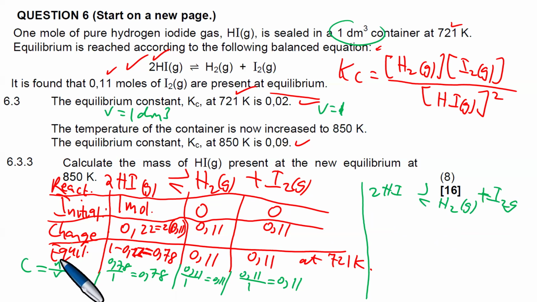So this is the equilibrium concentration, equilibrium amount in moles, equilibrium concentration. So it's the rise. So the two equilibria: this is the equilibrium concentration, and this is the equilibrium number of moles. And then here, there's going to be a new equilibrium.